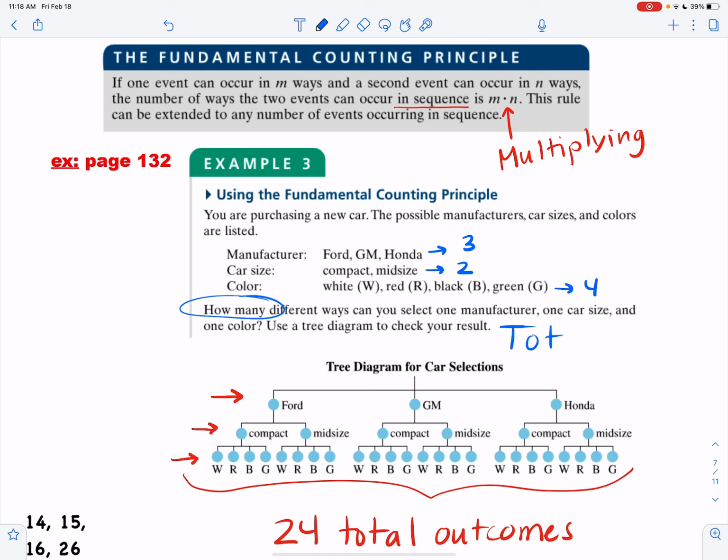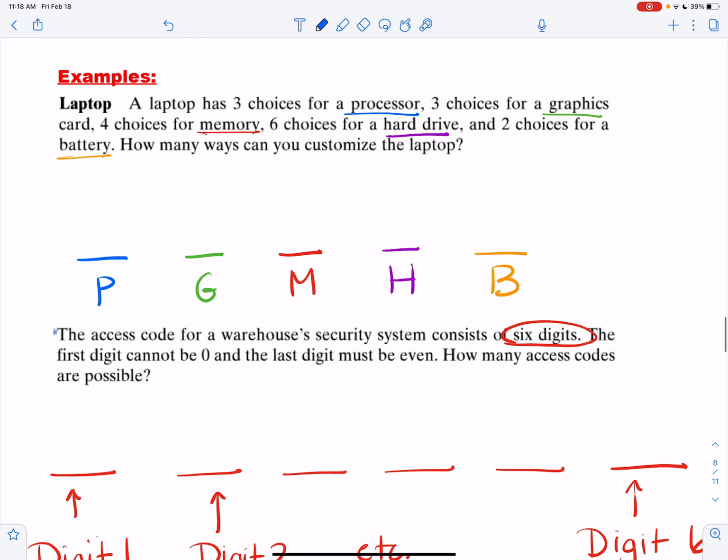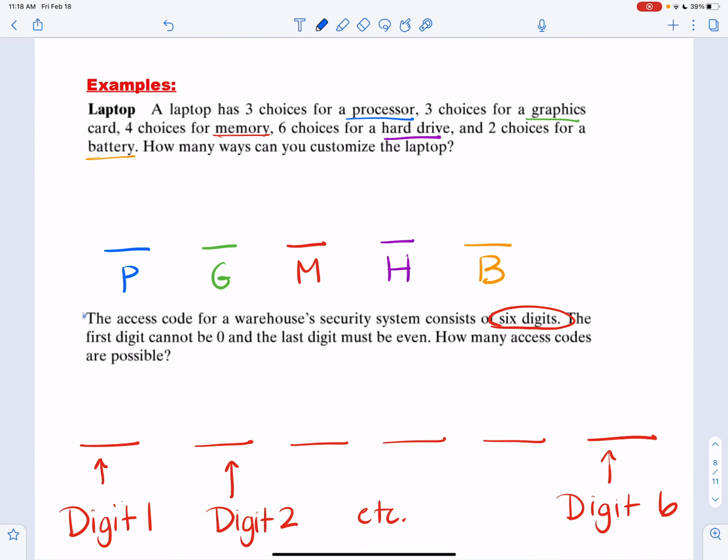And then the fundamental counting principle says the total number of outcomes can be found by just multiplying those things together. And so you can see here, if I just multiply the number of outcomes for each one, it would give me the exact same thing that I saw in my tree diagram, but much more quickly than having to list everything out.